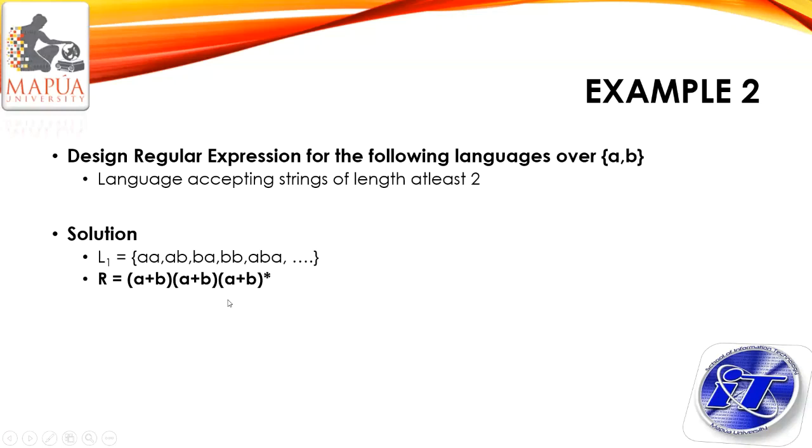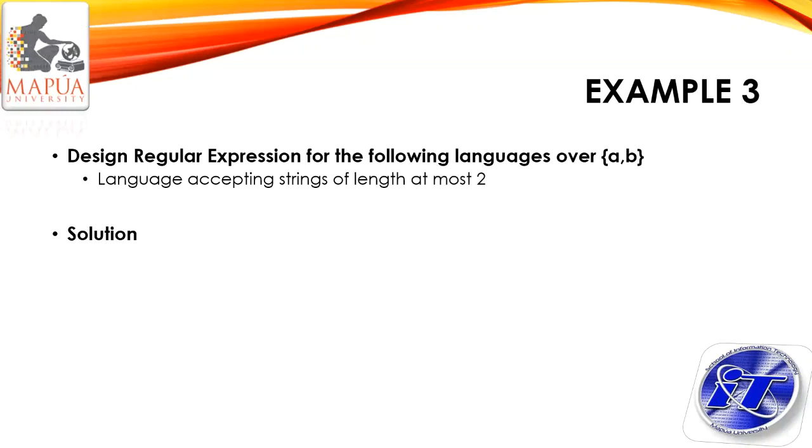And another way of representing our language is to use the plus sign. Don't forget, plus means excluding epsilon, but everything else is included. So if you're going to use plus, it will be written on the second term. No need to include the third term. So A union B, concatenate A union B plus.